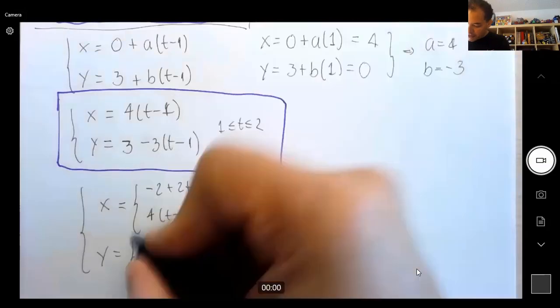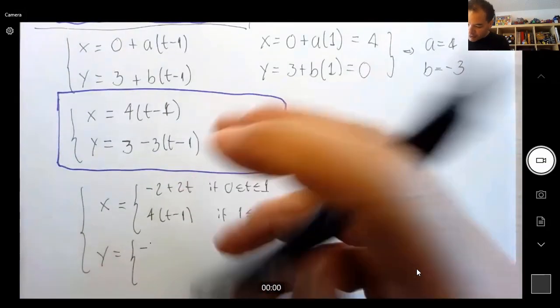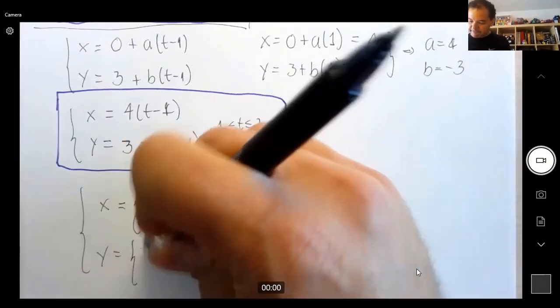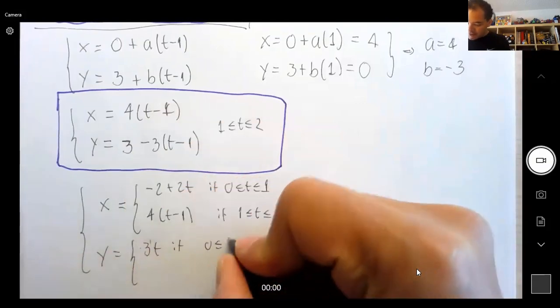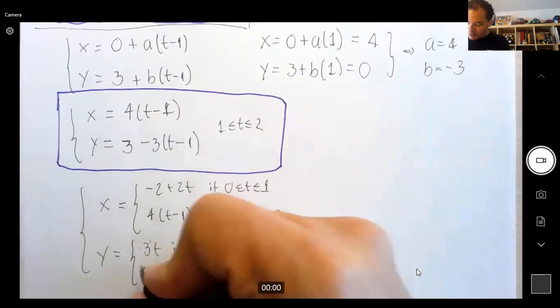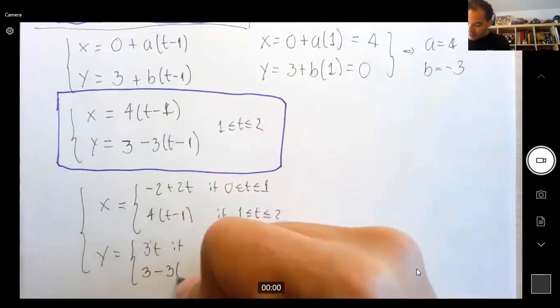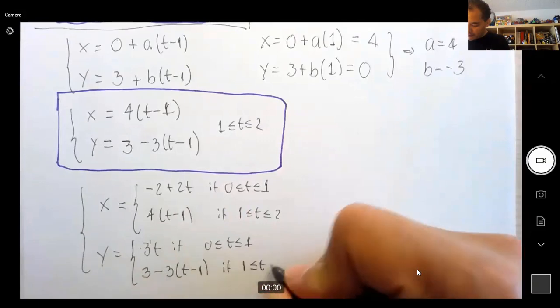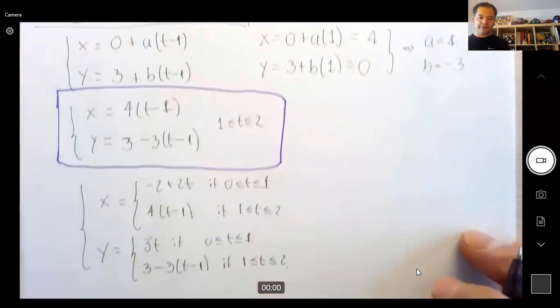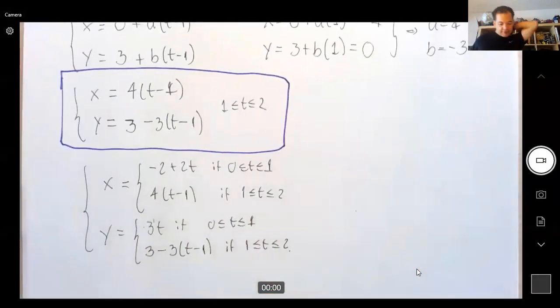And y is 3t if 0 less than or equal to t less than or equal to 1, or 3 minus 3 parentheses t minus 1 if 1 less than or equal to t less than or equal to 2. Okay, and that's it. That's our parametrization of that arc that went here and then there, right?